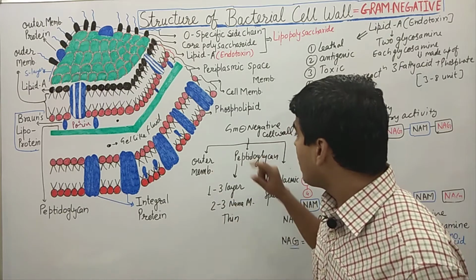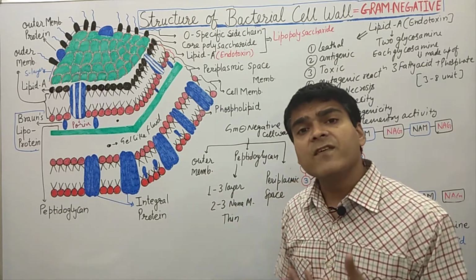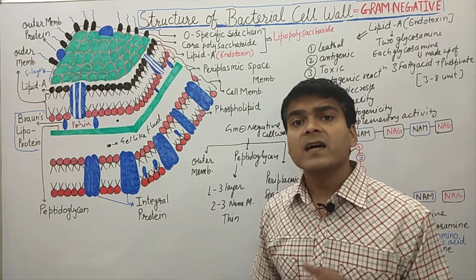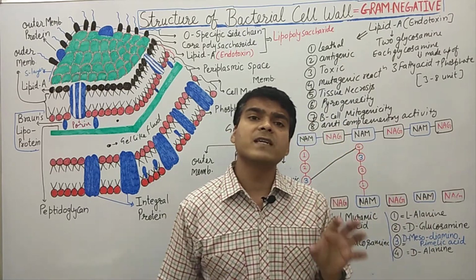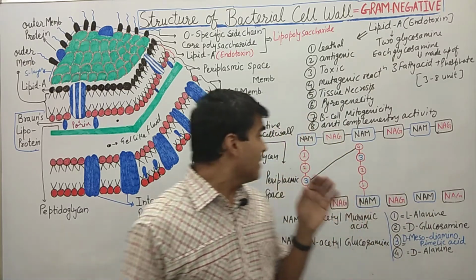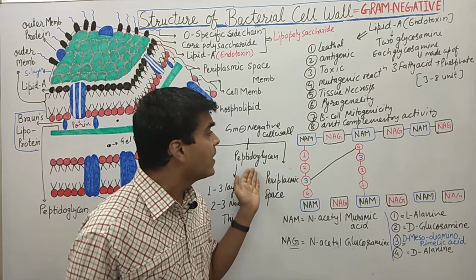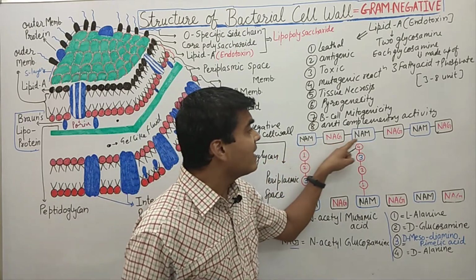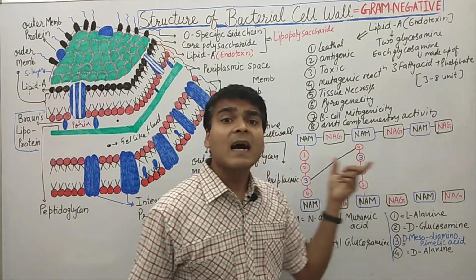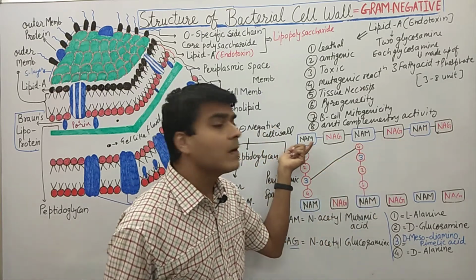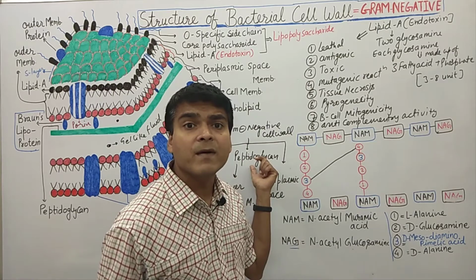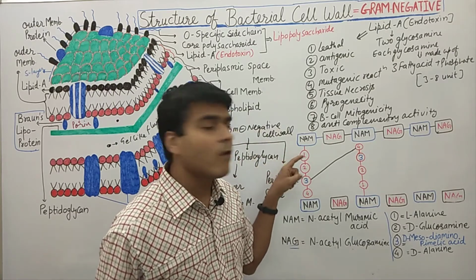Okay, so now looking at the structure of peptidoglycan, how does it differ from gram positive bacteria? In the earlier class on gram positive bacteria, I discussed that peptidoglycan is a polymer. It contains NAM and NAG alternately. What is the full form of NAM?